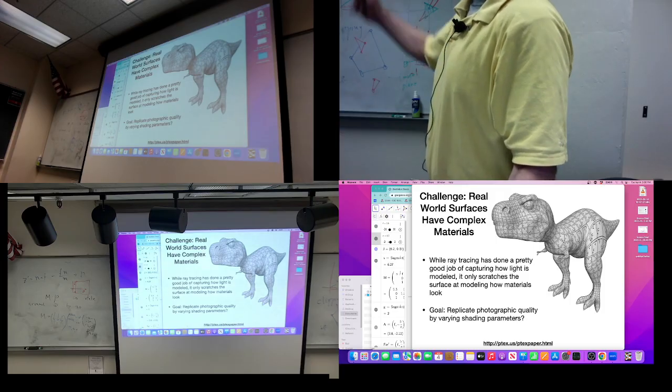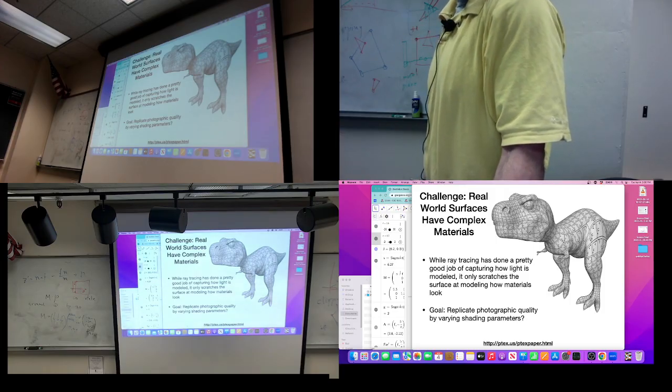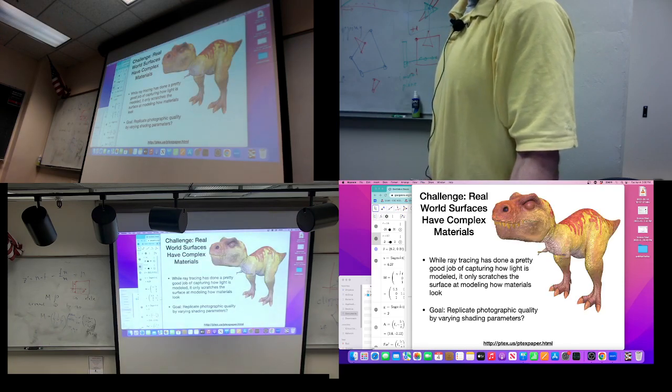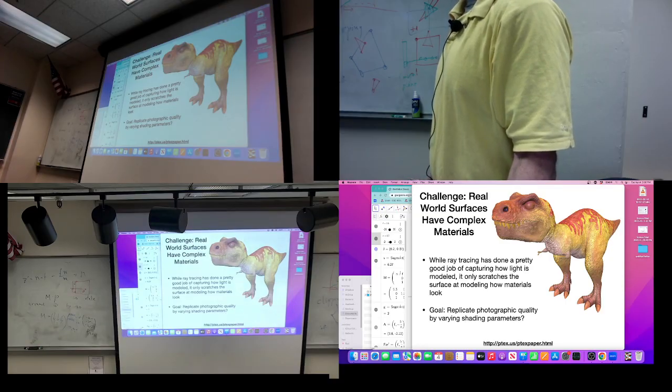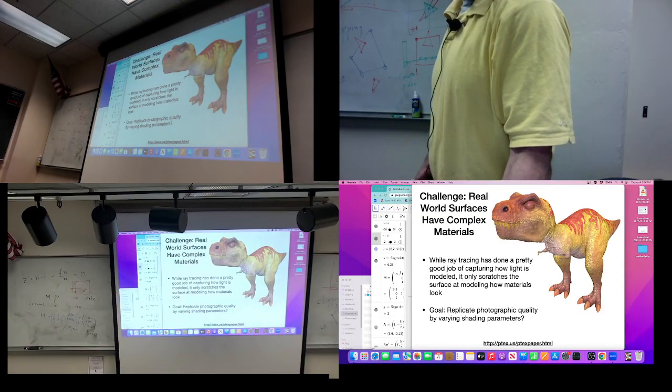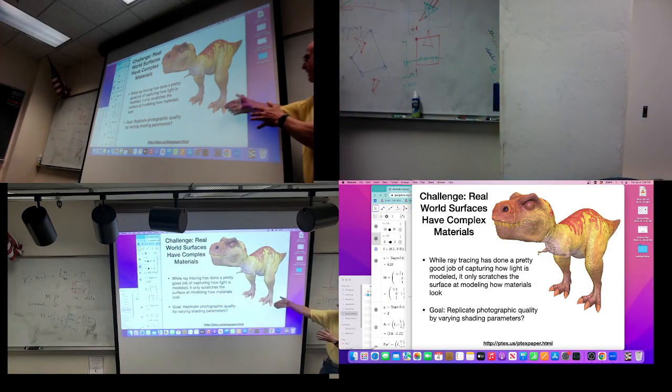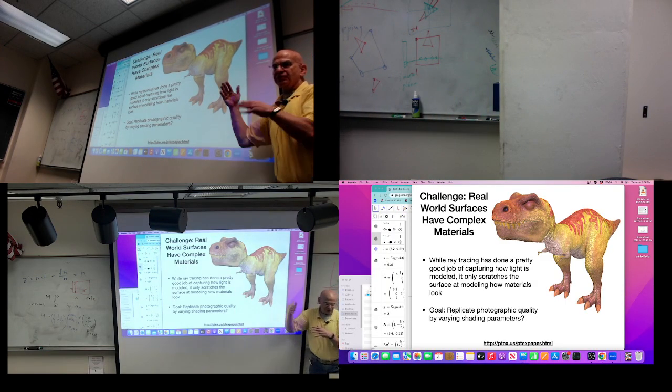Because I can map a texture to our dinosaur to start with, to make it look more interesting. But so far I just take the color of the skin and project it onto the surface.